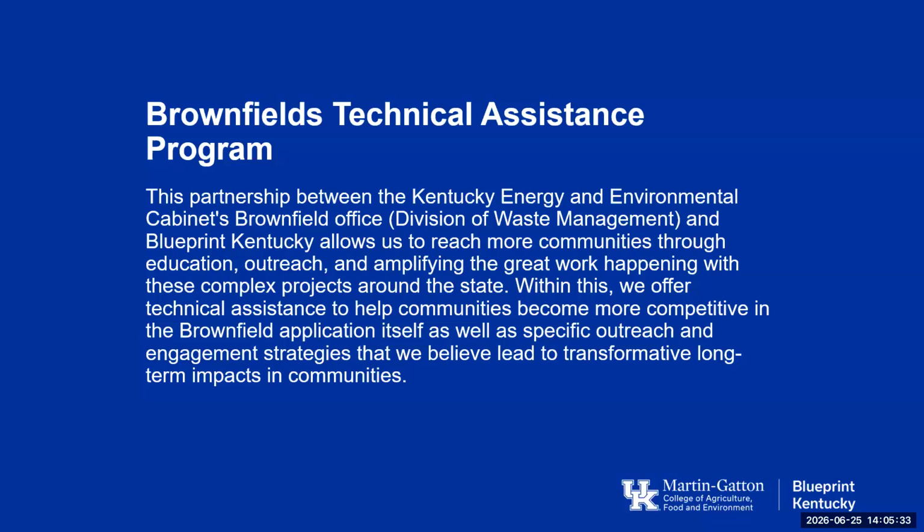We've just wrapped up a round of what we call Brownfield boot camps, where we have a day-long workshop about brownfields, about some of the engagement and planning components that we do. It's us at Blueprint and the Brownfield office at the state level going back and forth, and it's a huge crash course in Brownfield redevelopment.